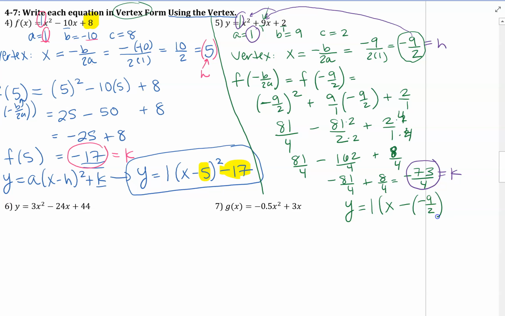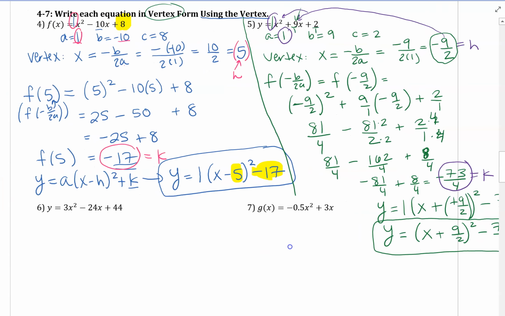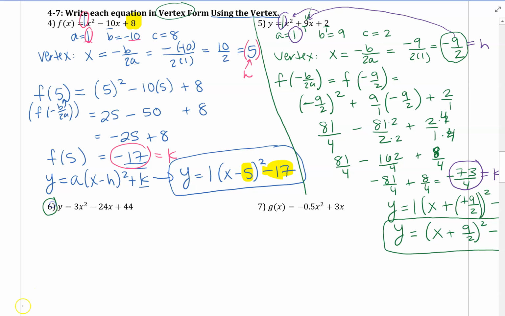H in this case is negative, so it's minus negative 9 halves squared, plus k, which is also negative, so minus 73 over 4. Now here, because I'm subtracting a negative, that'll cancel out. So my final vertex form would be y equals the quantity x plus 9 over 2 squared minus 73 over 4. Why don't you guys try this process with number 6?